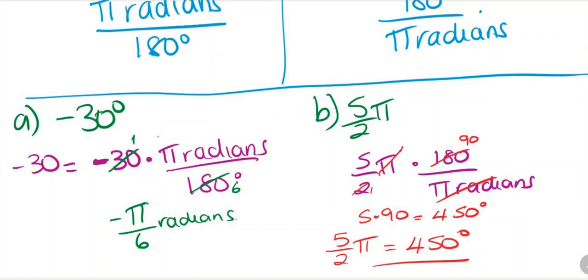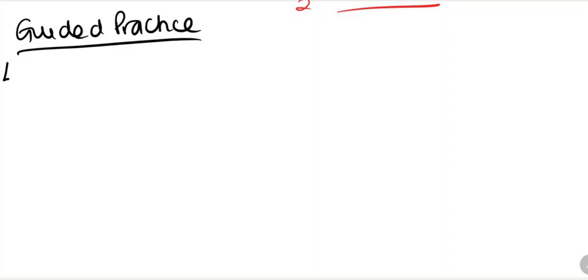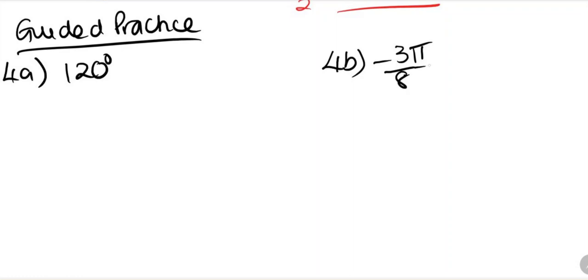Let's have a look at another example, some guided practice. We have 120 degrees, which we need to convert into radians, and 4b is minus 3 pi over 8. The first thing we need to do is write down the formula, pi radians divided by 180.